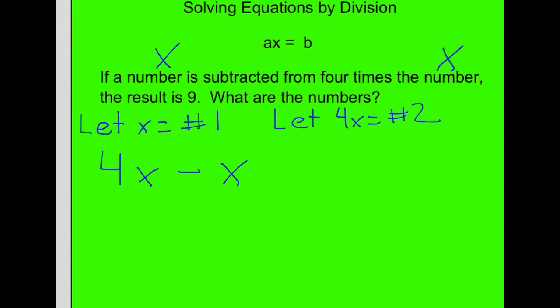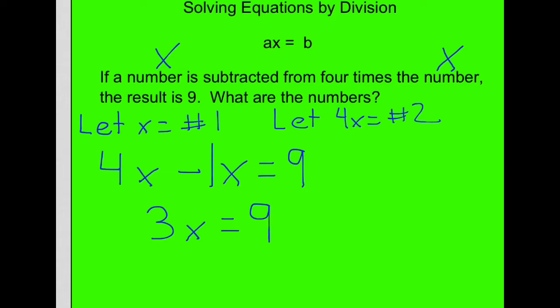So we can place a 1 there. And it says when you subtract those 2 numbers, the result is 9. Now let's simplify this a bit using integers. 4x minus 1x is 3x. That means 3 multiplied by a number. And 3x equals 9.